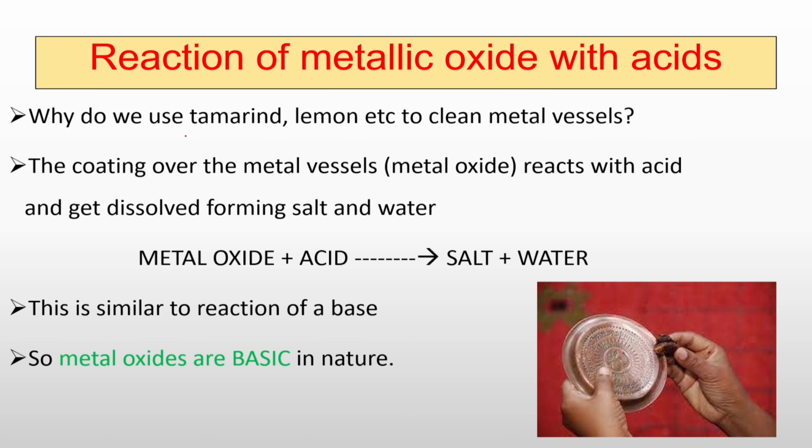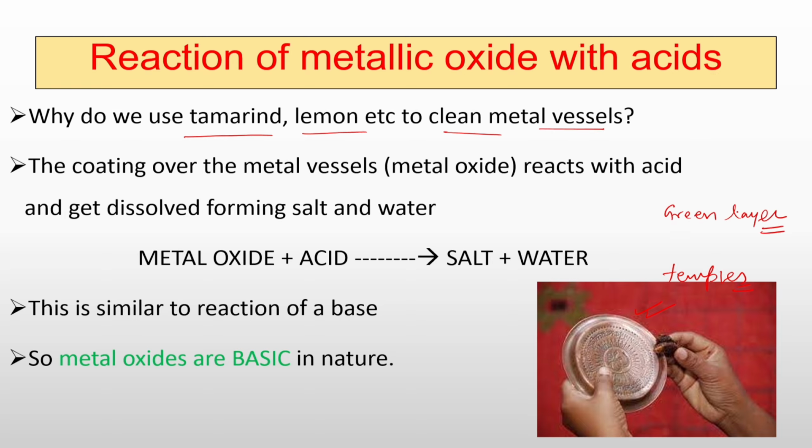So we use tamarind, lemon, etc. to clean metal vessels. You must have observed this plate which we use in temples, this copper plate, or that spatula or the tiny lota. It gets tarnished over a period of time and a green layer is formed.